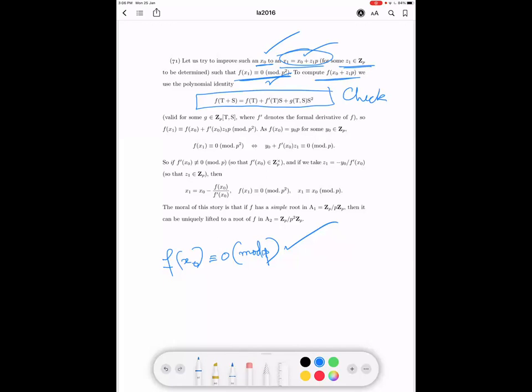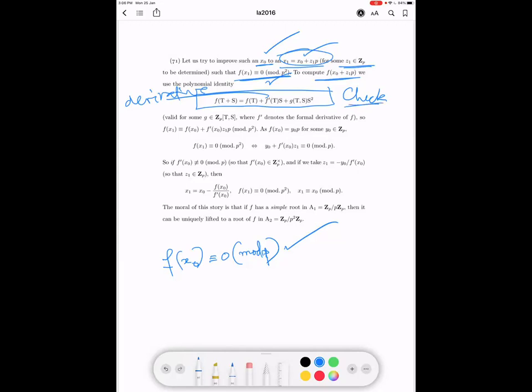What it says is that if I have a polynomial f, then f of t plus s is equal to f of t plus f prime of t times s plus some polynomial, I don't care what that polynomial is, times s squared. f prime is the formal derivative, right?